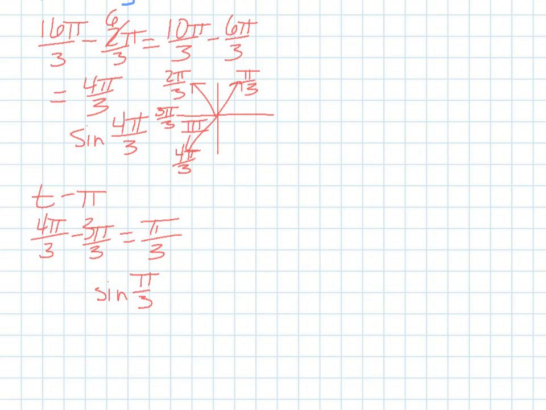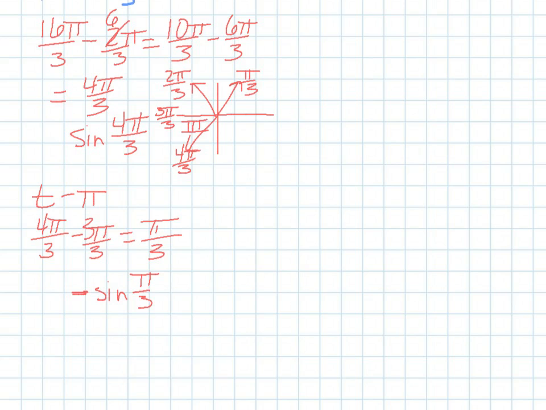So what I need to do here is change the sign of sine. So then I need to tack on a negative sign onto my sine. So now negative sine of pi over 3 is the same thing as sine of 4 pi over 3.